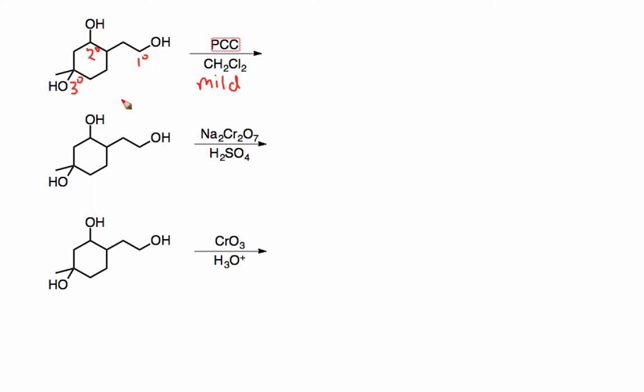Well, like all the oxidizing agents, it's not going to affect the tertiary alcohol, but it will turn the secondary alcohol into a ketone. And for our primary alcohol, it's just going to do one oxidation step to turn this into an aldehyde.